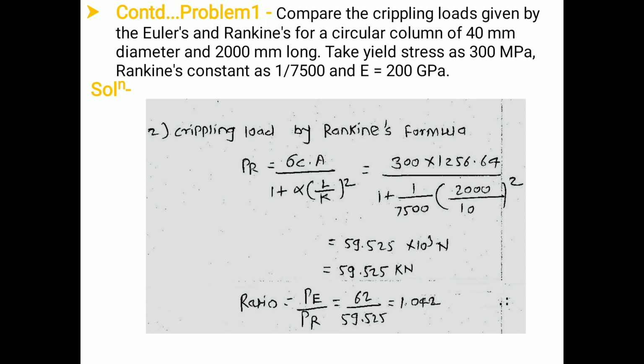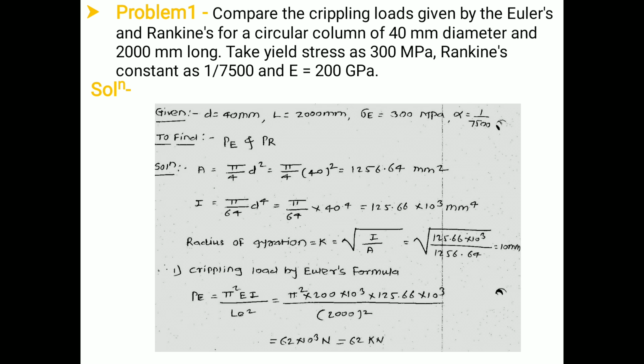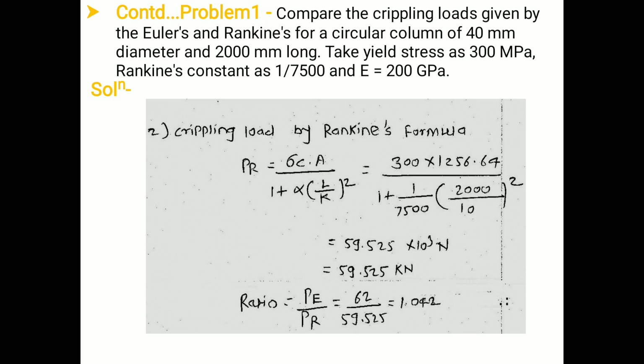Area is 1256.64, which we have already found. Alpha is also given, 1 upon 7500. Just put these values into the equation, and the value of L upon K will become 2000 upon 10, whole square. To find K, we have used under root of I upon A.